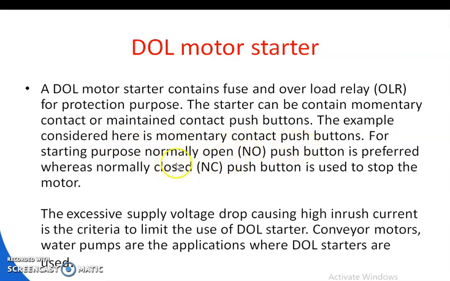For starting, a normally open NO push button is preferred, whereas a normally closed NC push button is used to stop the motor. Excessive supply voltage drop caused by high inrush current is the criterion that limits the use of the DOL starter. Conveyor motors and water pumps are applications where DOL starters are used.